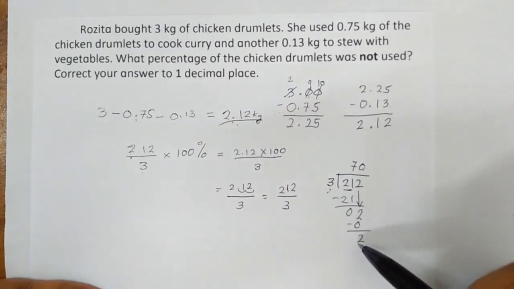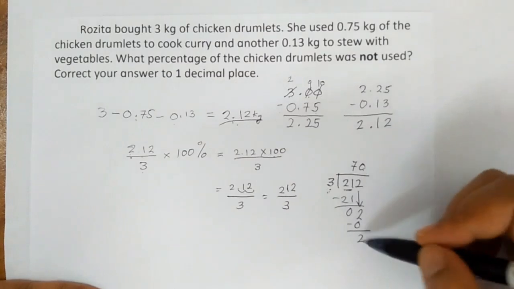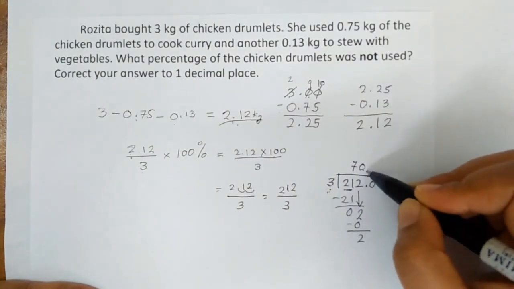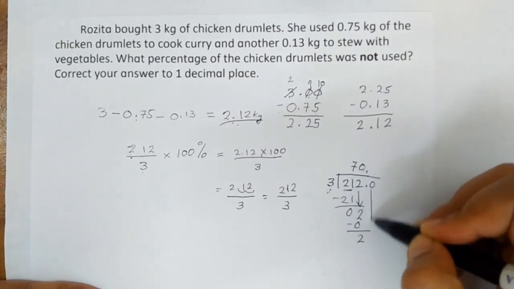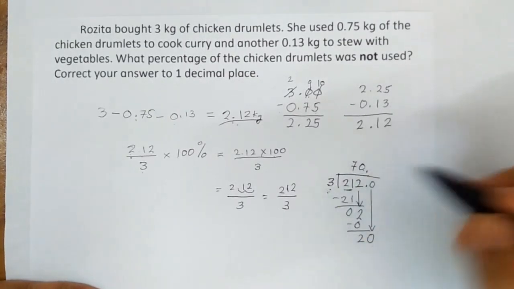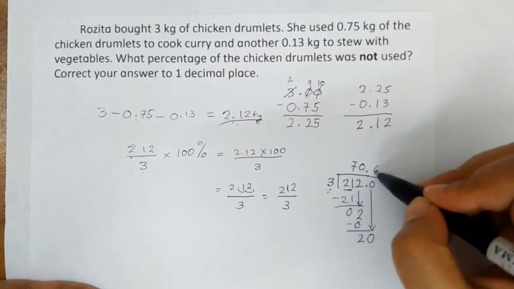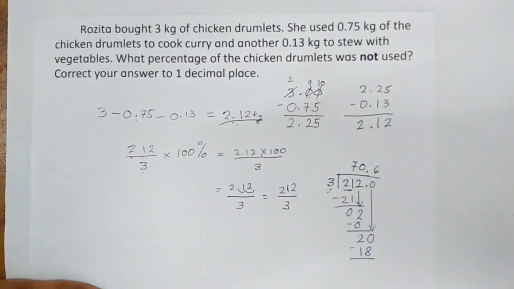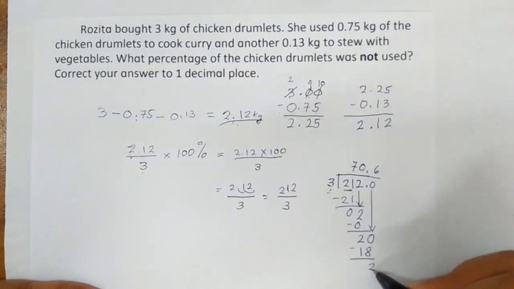No more numbers to drop down. But still we have 2 divided by 3 cannot. So we need to add a 0. So add point. Bring down the 0 that we added. 20 divided by 3 is 6. 6 times 3 is 18. 20 minus 18 is 2.